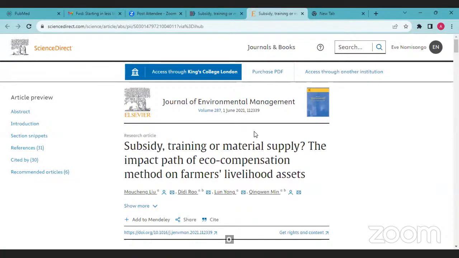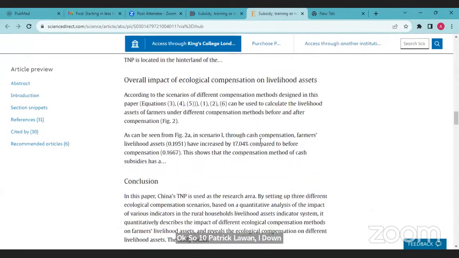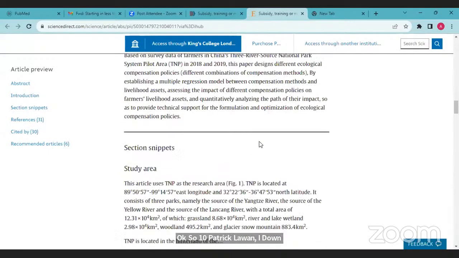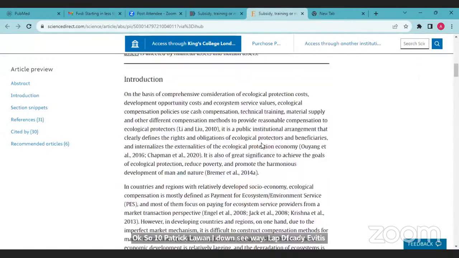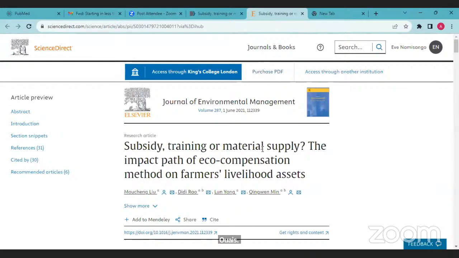Okay, so this particular one, I don't see where the PDF can be. This is actually it, but I only need the PDF. Purchase. Do you see where the PDF is? They are saying purchase. If they were not saying purchase, you would click the PDF and the PDF will open.